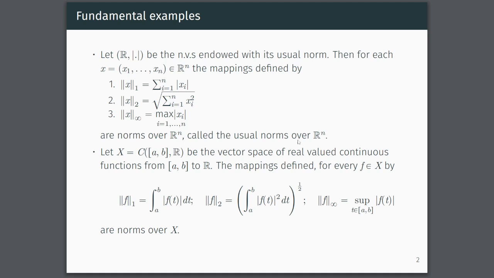All of these are norms over Rn, and one may ask at this point: if you have a norm, you get a topology, right? Because every norm gives rise to open balls, and that gives you a topology. People might wonder if the topology generated by any of these norms is different.